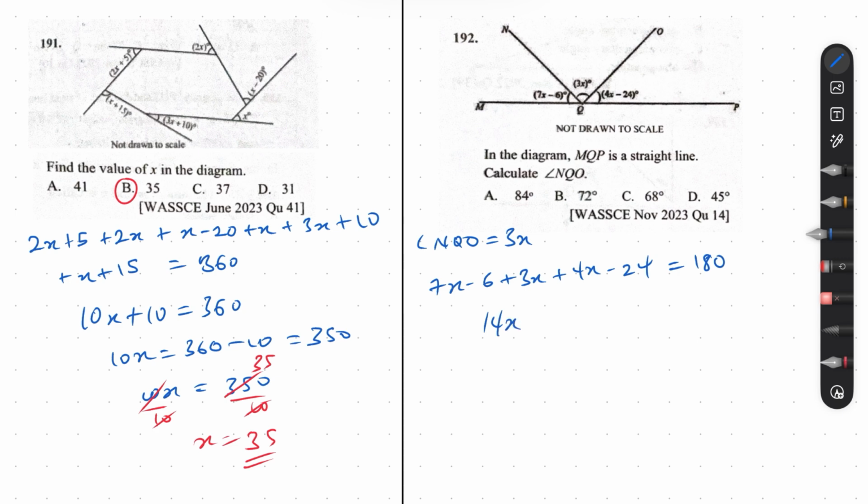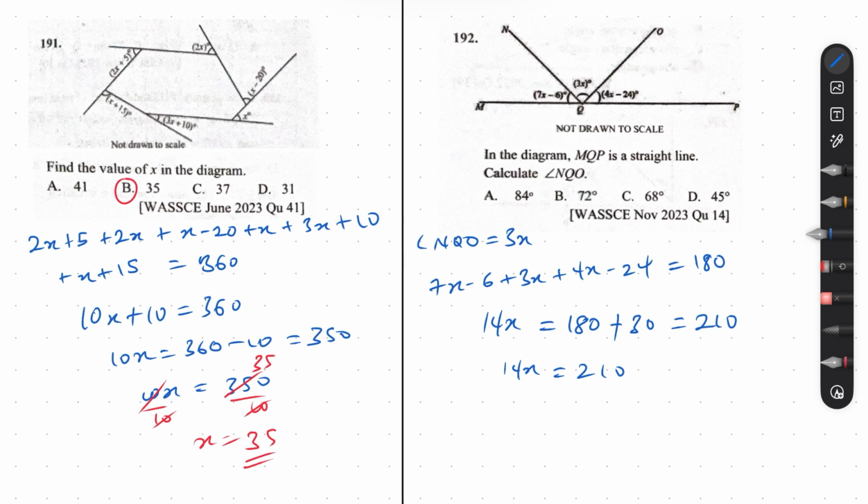Then we have 180 minus, this is negative 6, negative 24. That is negative 30. When it crosses over, it becomes positive 30, which is equal to 210. So we have 14x equals 210.